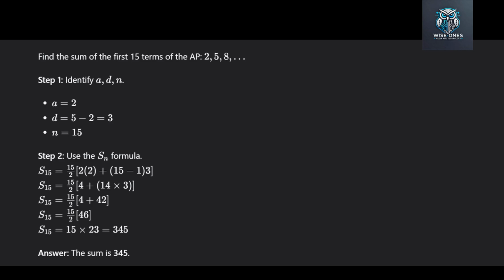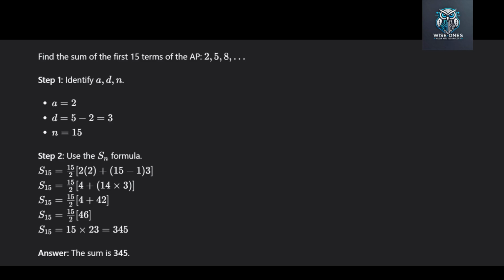Step 2. Use the S sub n formula. The formula is S sub n equals n over 2 multiplied by open bracket 2a plus open bracket n minus 1 close bracket multiplied by d close bracket. Substitute the values.